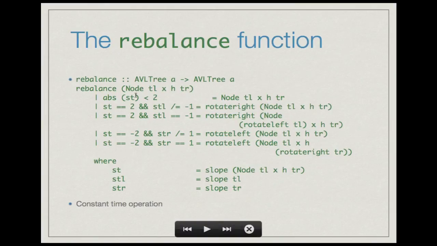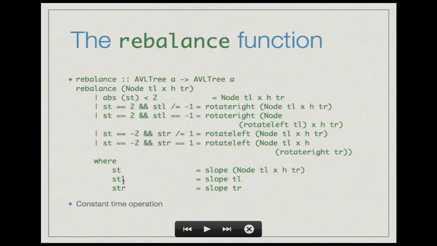So here is a Haskell implementation of the rebalance function. Rebalance is a function which takes an input AVL tree A and produces an output of type AVL tree A. Rebalance of node TL X H TR is in the case where the absolute value of ST is less than 2, ST is the slope of the node.